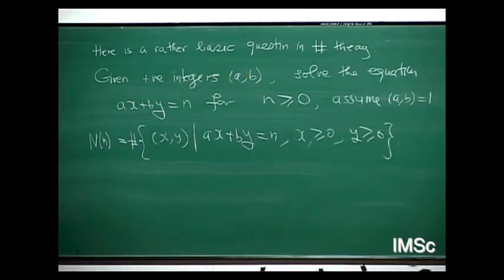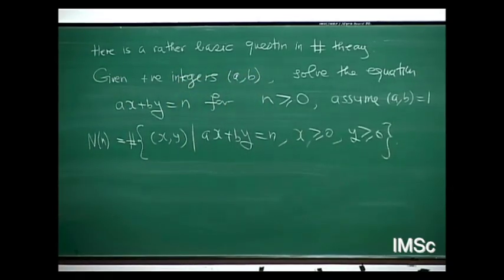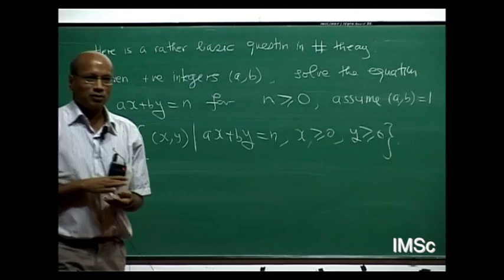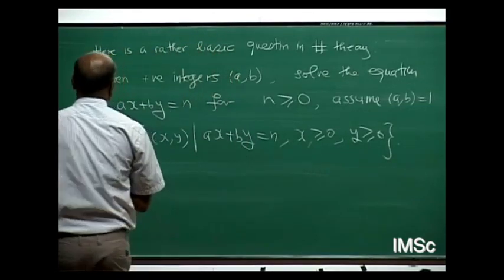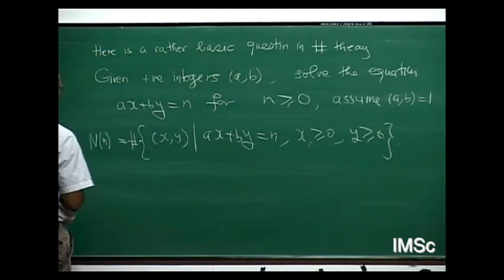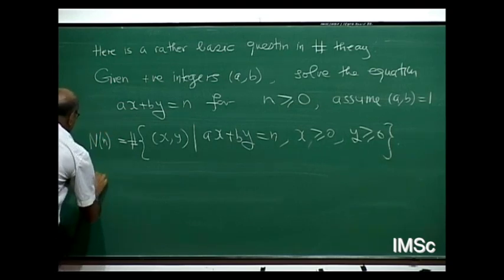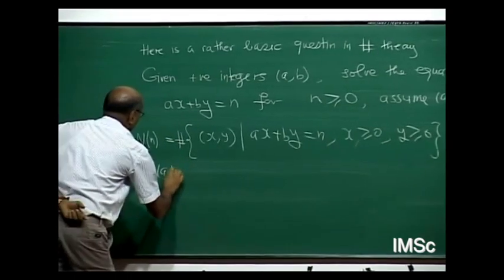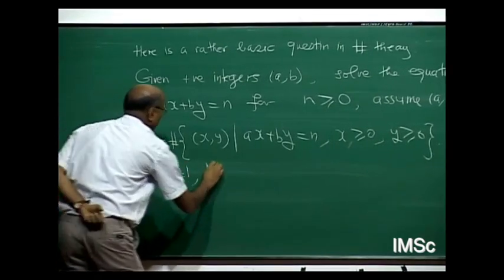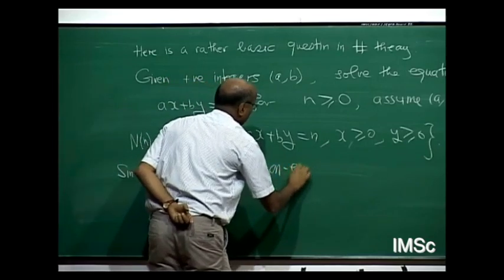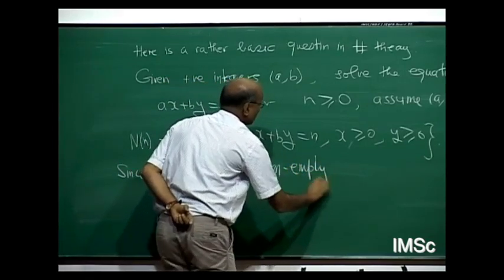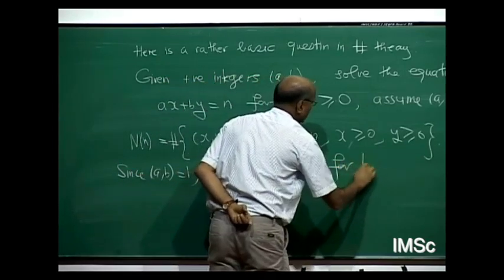It is well known and easy to see that this set is non-empty for large n, because a and b are coprime.